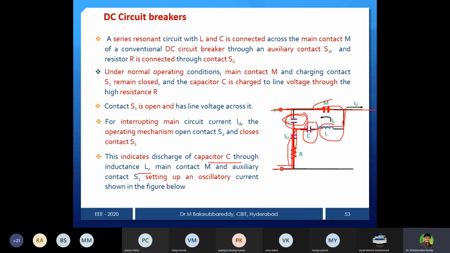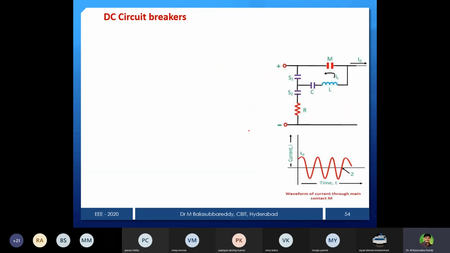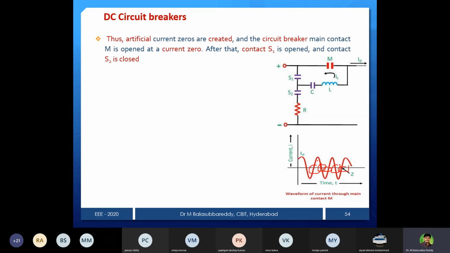So once this happens, an oscillating current takes place. Now we can see that oscillating current waveform in the second one. It is going to continuously oscillate in this fashion. So at this point you can interrupt, or this point, or this point. Wherever it is needed, you can decide that interruption point.